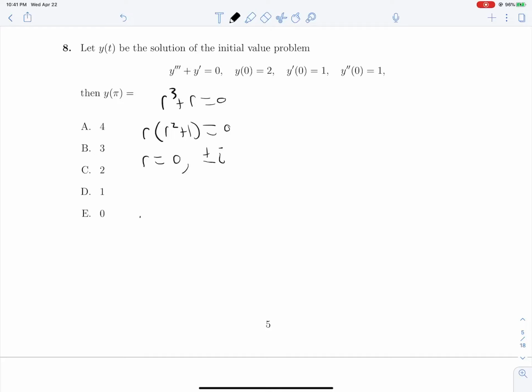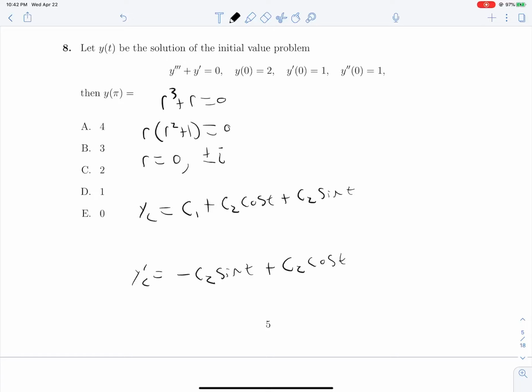So we can write yc as c1 plus c2 cosine t plus c3 sine t, and we can write y prime as negative c2 sine of t plus c3 cosine of t.